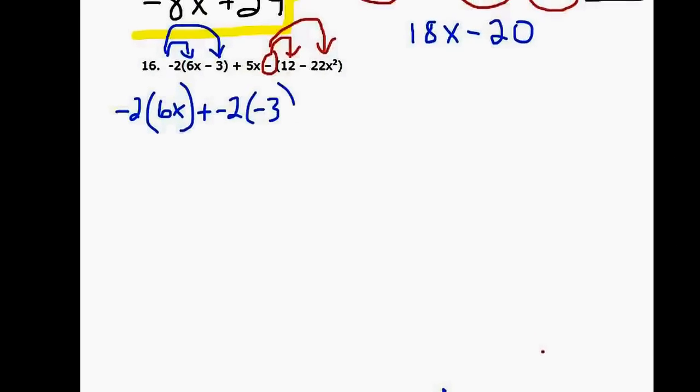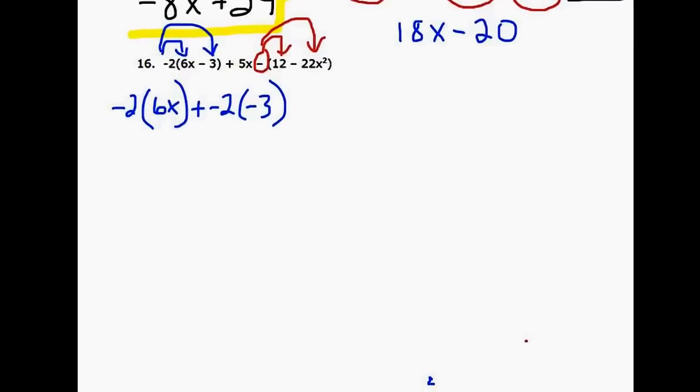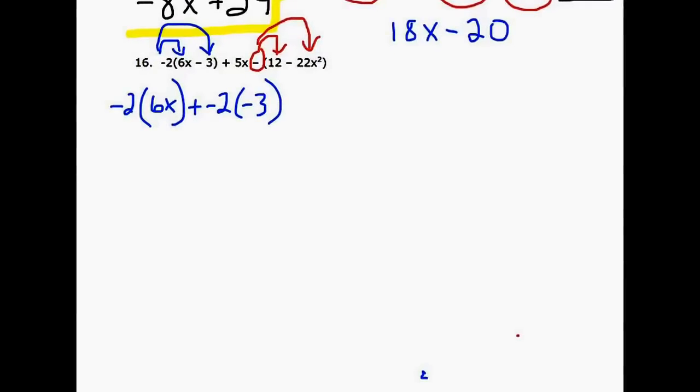So let's just start. We have negative 2 being multiplied. Our first arrow is times 6x, plus we have negative 2 being multiplied times negative 3. Now then, like we said, the 5x isn't doing anything. He's just sitting there.